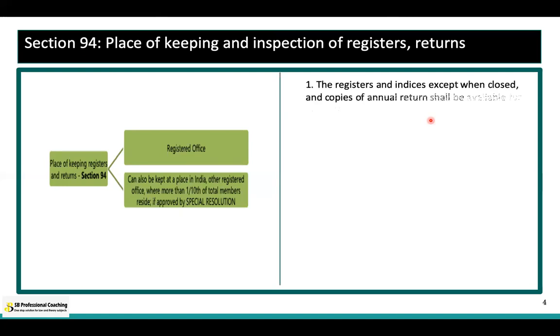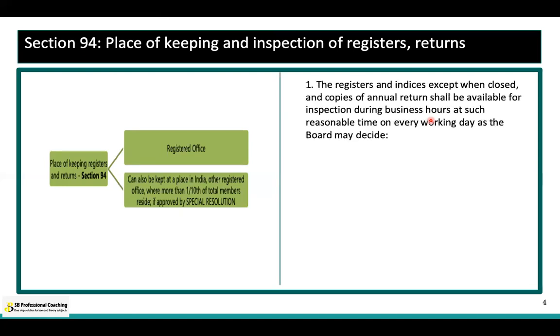Now what does Section 94 say? Any registers or indices and copies of annual returns shall be available for inspection during business hours. Very, very important keyword: business hours. At such reasonable time, on every working day, as the board may decide.